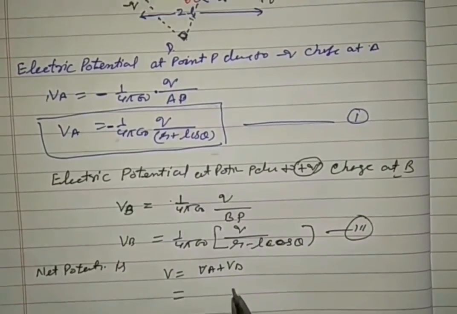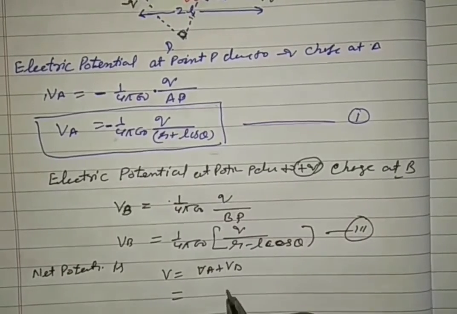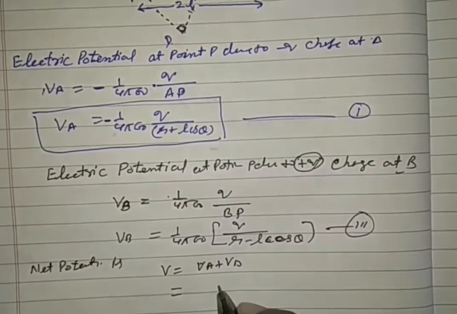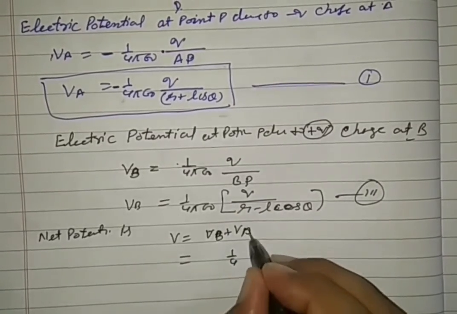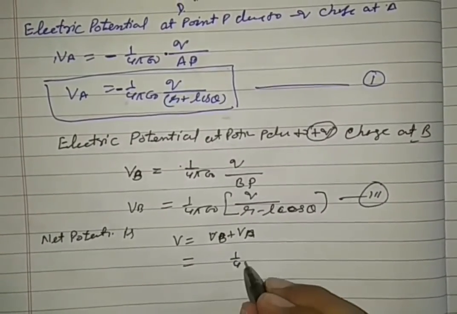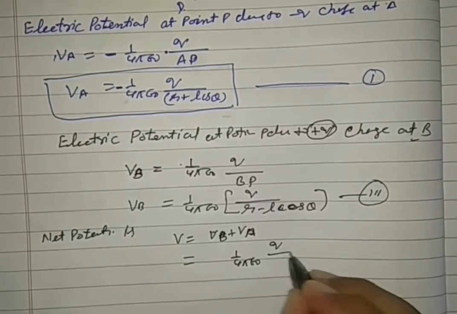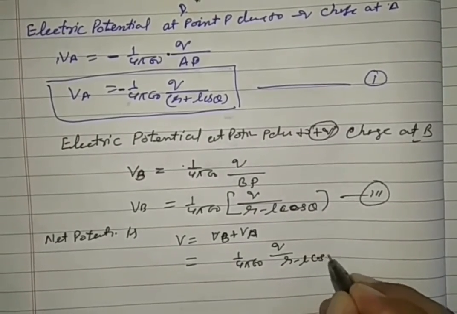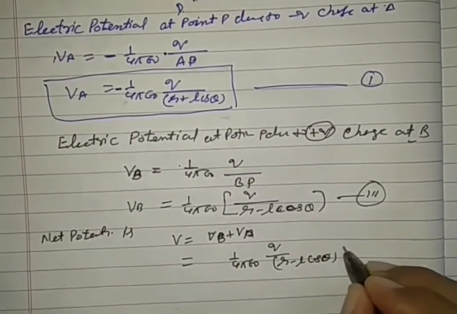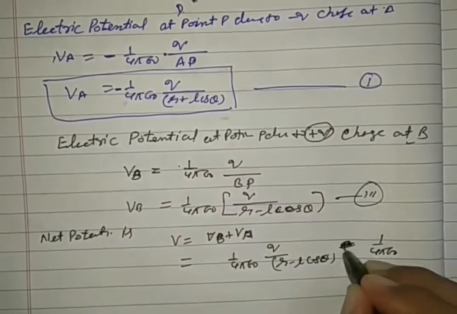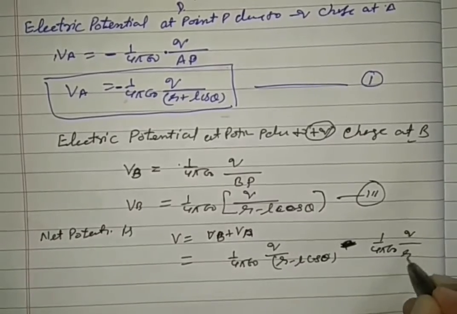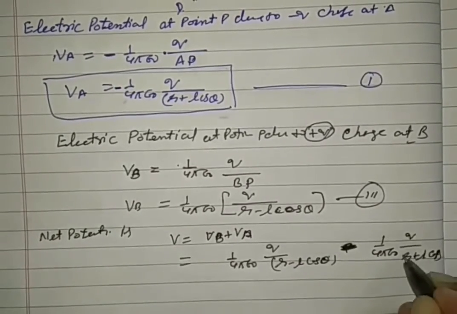Vb is positive, so first of all I am going to write it: 1 upon 4 pi epsilon 0 times q by r minus L cos theta, plus minus 1 upon 4 pi epsilon 0 times q by r plus L cos theta.